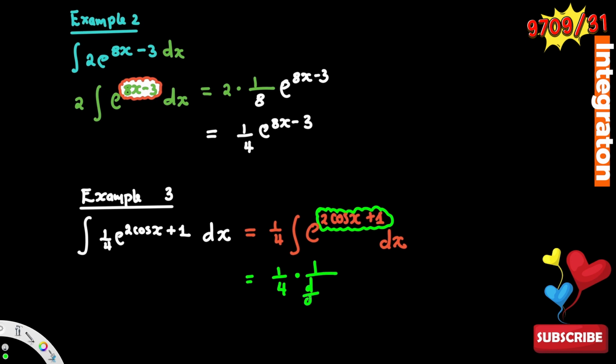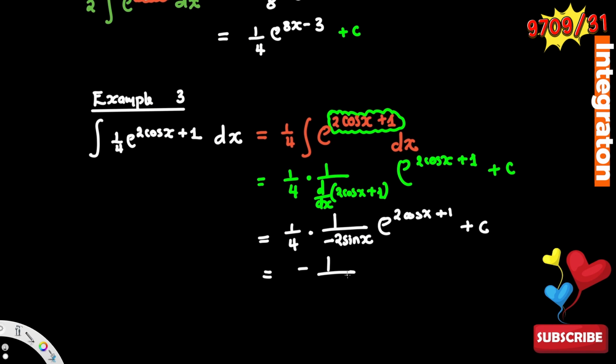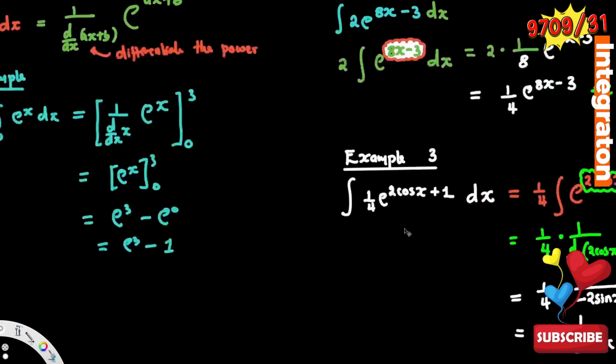So the derivative is negative 2 sin x, plus c. Remember to include that. If we simplify this, we get 1 over 4 times 1 over negative 2 sin x, and we write the function the way it was, e to the power of 2 cos x plus 1, then plus c. Simplifying further, this translates to negative 1 over 8 sin x e to the power of 2 cos x plus 1.